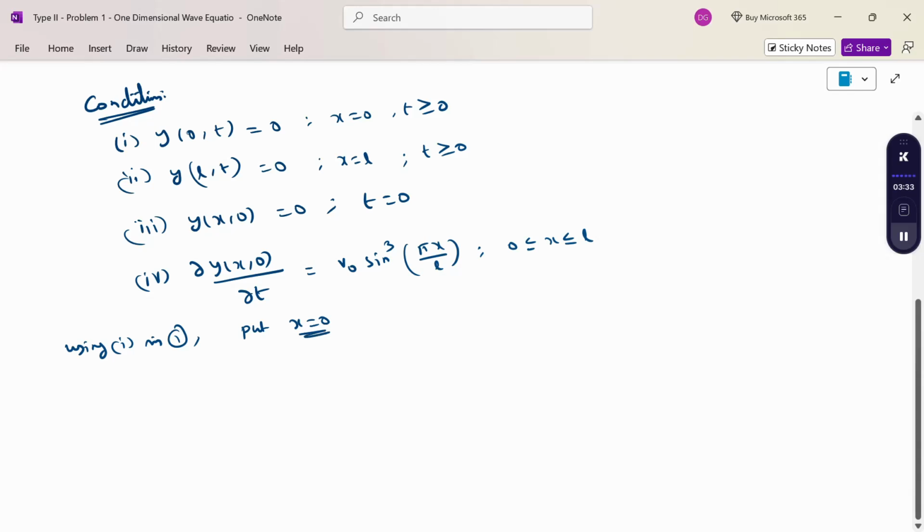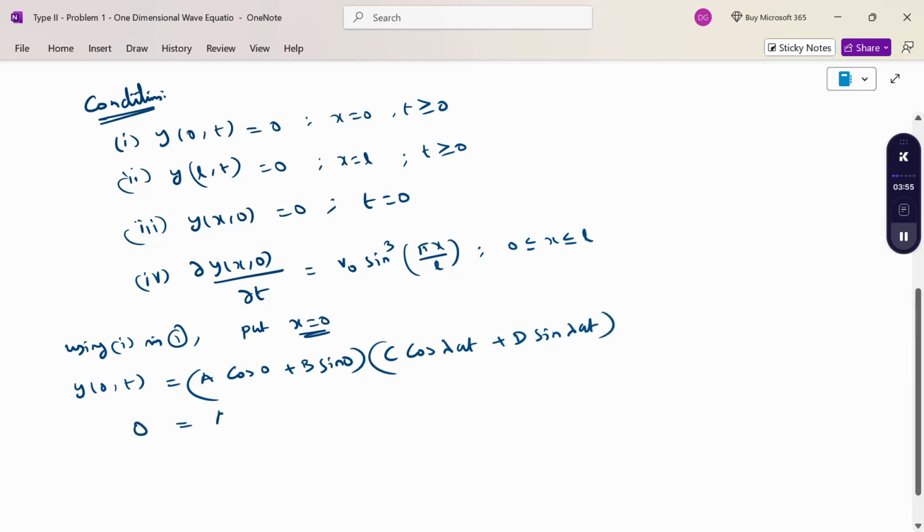Then y(0, t) = A cos 0 + B sin 0, times (C cos lambda a t + D sin lambda a t).